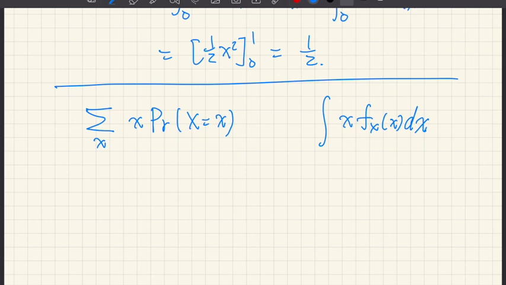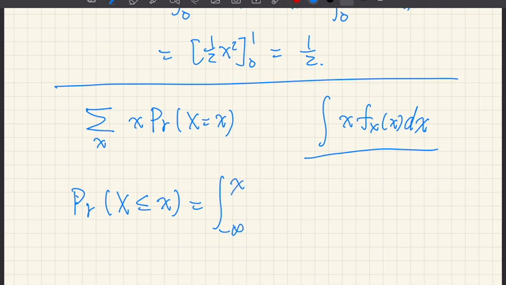But if you remember the definition of the cumulative distribution function, especially for the continuous random variable, the probability that X is less than or equal to x is given by this.